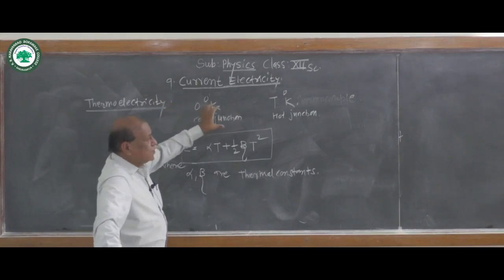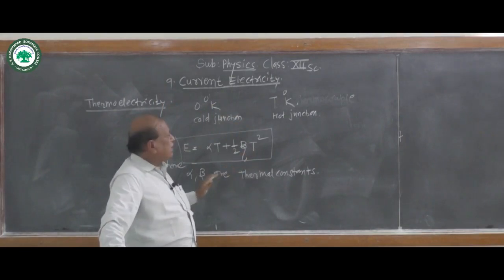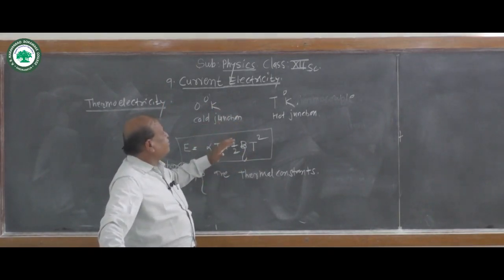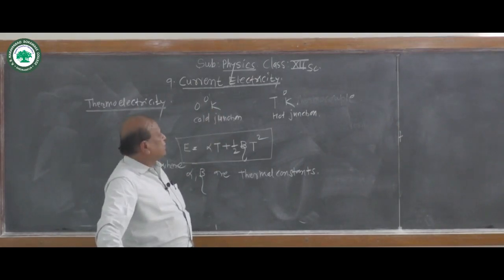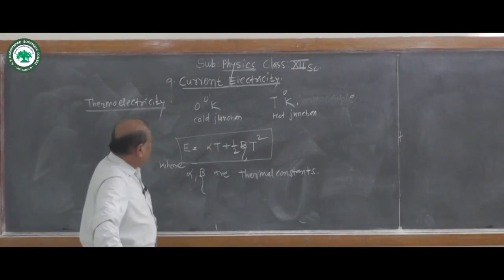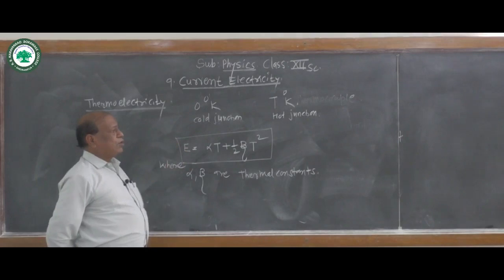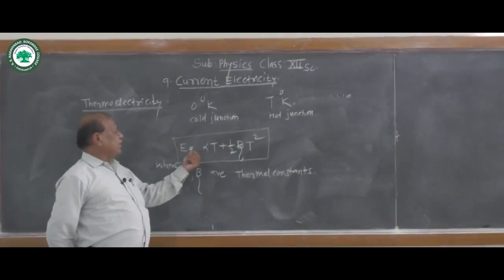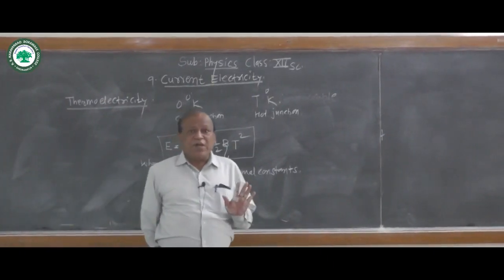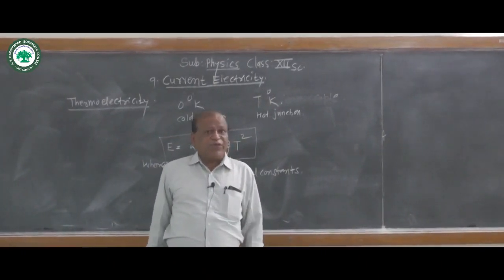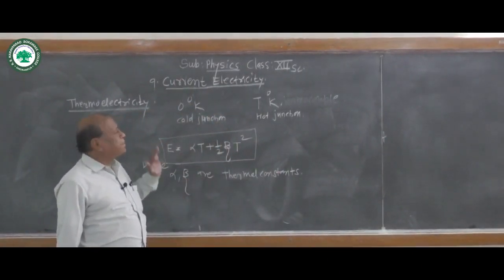What is meant by the thermoelectric effect or Seebeck effect was explained by taking the example of the two thermocouples shown above, and the EMF generated by the thermocouple is given by E equals alpha T plus 1/2 beta T square. Now this topic, current electricity, finishes here.